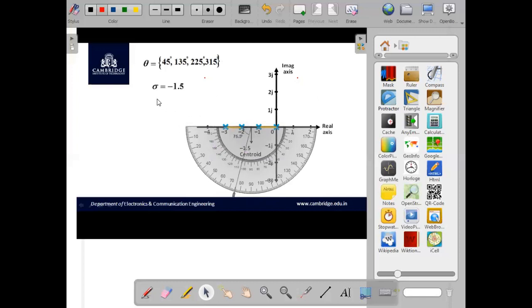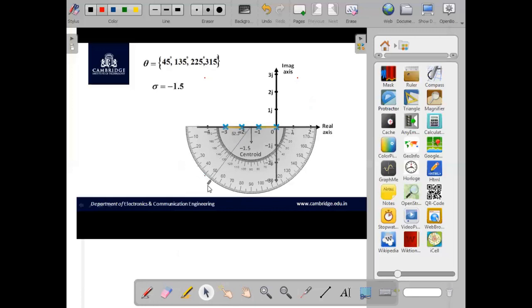This angle is 180 degree. This is 190. This is 200. This is 210. This is 220 and 225 degree. This is 225 degree exactly. I have marked for 225 degree.